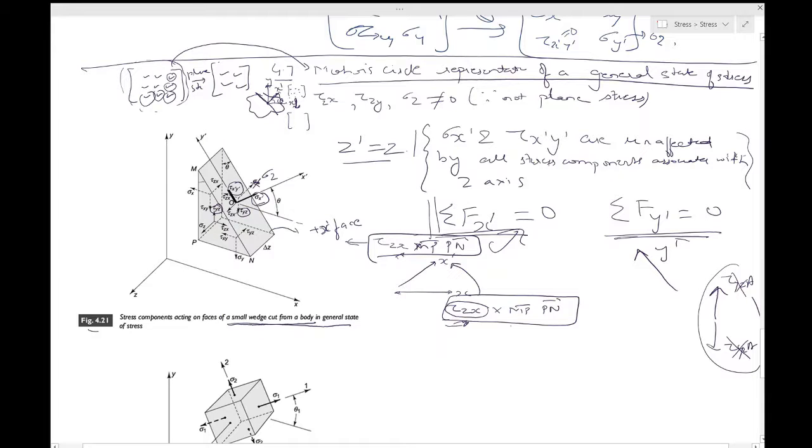Even if you resolve this across to the y dash direction, just like you resolved x into this x dash, or project this force on this, it will still be zero. So that is what they say: the force contributions in the x dash and y dash directions of the components tau zx and tau yz acting on the plus z face and on the minus z face are exactly balanced.